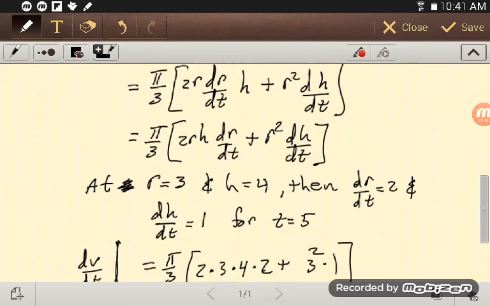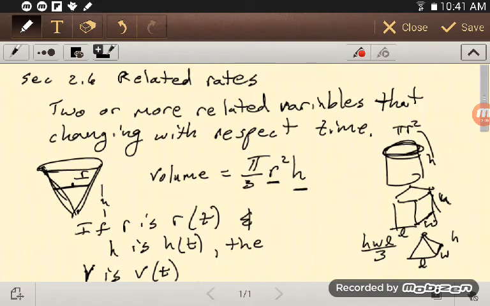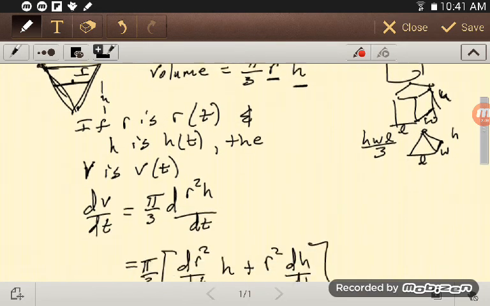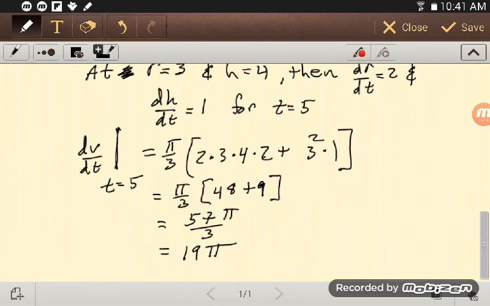So that's the idea with related rates, and that's really all there is to it. There are a lot of strange problems that people come up with, and we'll look at a couple of them. But that's just the idea.